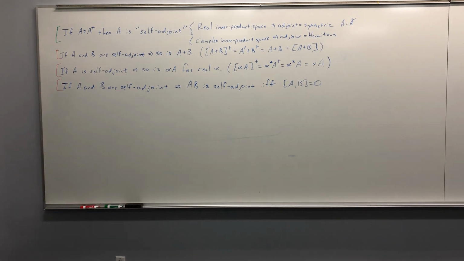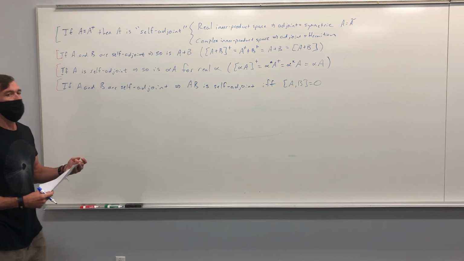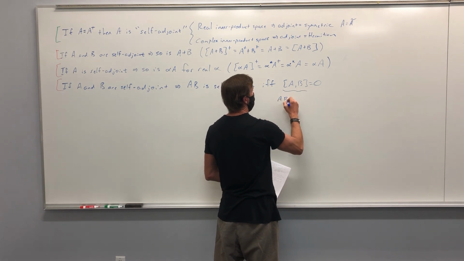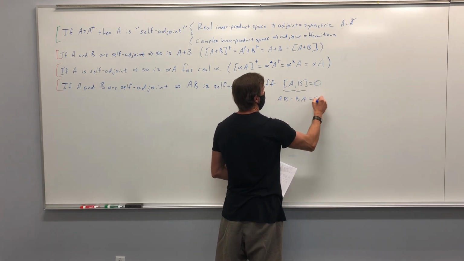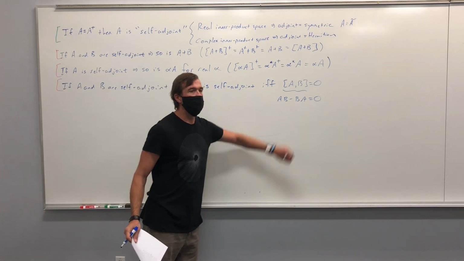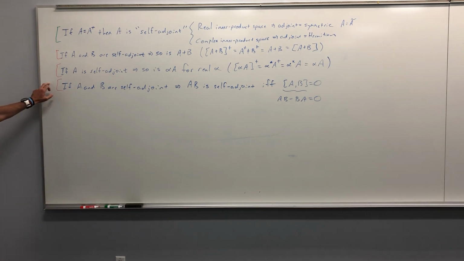Does that mean A and B are zero? No, this is the commutator. It just means that the order in which you multiply them doesn't matter. So let's see if we can prove this third one.